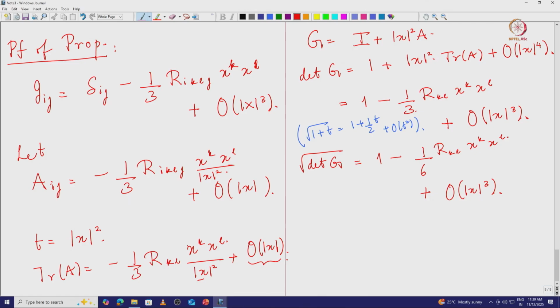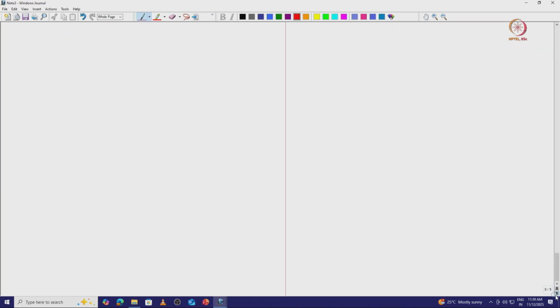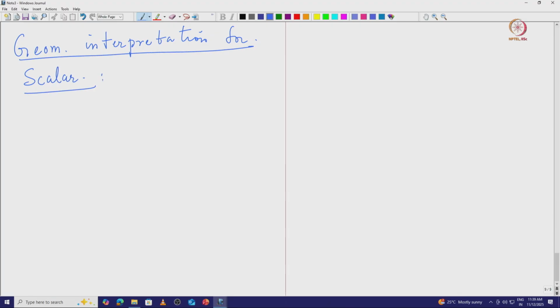Okay, let me end the lecture by stating a corresponding proposition for the scalar curvature. So here's the proposition.